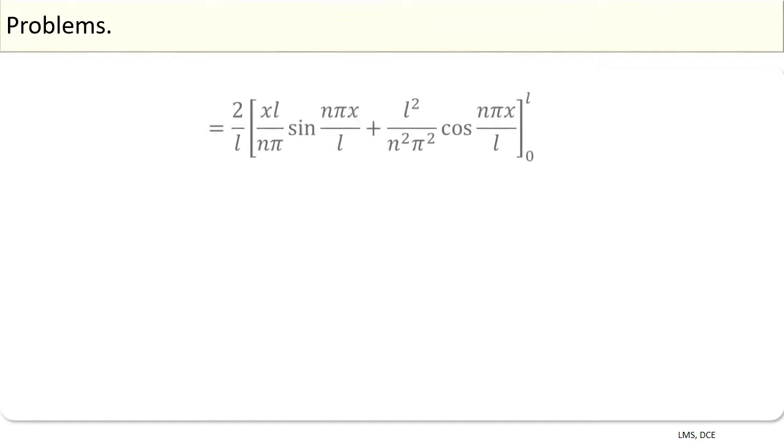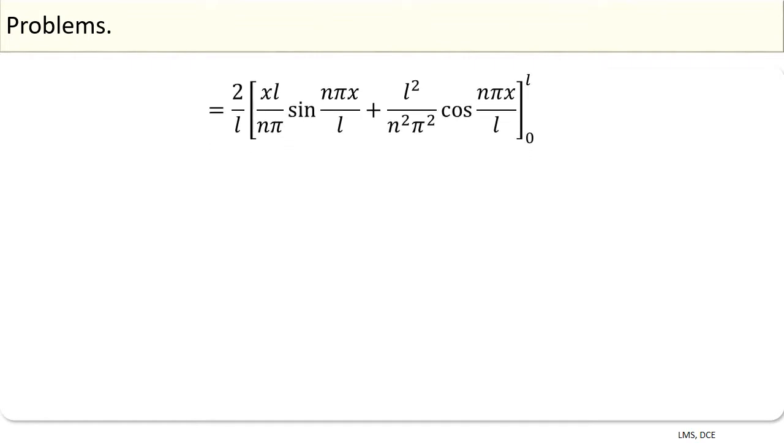By using integration by parts, we have 2 by l times of x into l by n pi into sine of n pi x divided by l plus l square divided by n square pi square into cos of n pi x by l to the limit 0 to l.